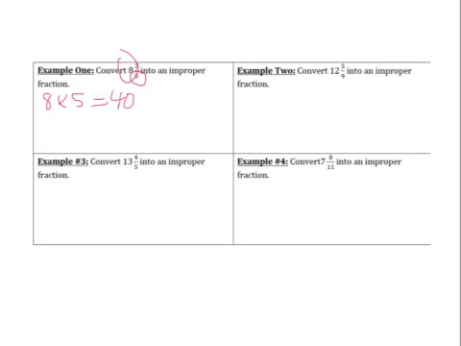Step 2, add your numerator. Our numerator is 2. That gives me 42. Step 3, I keep my original denominator, which was 5, so my final answer is 42/5.